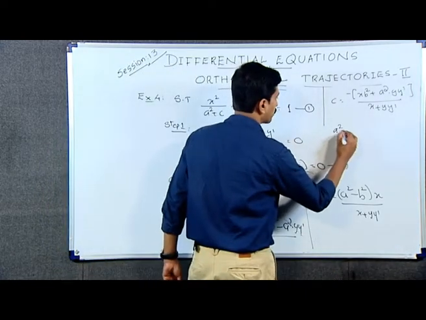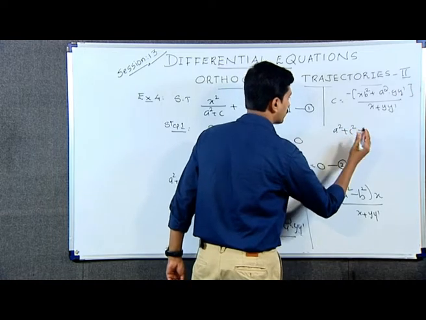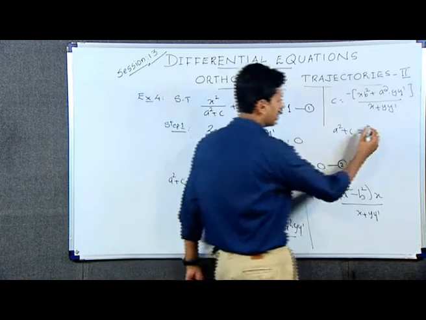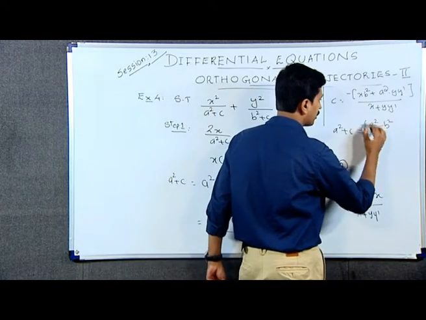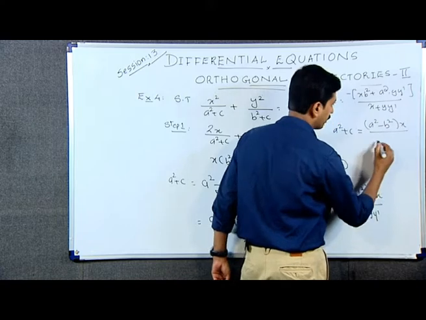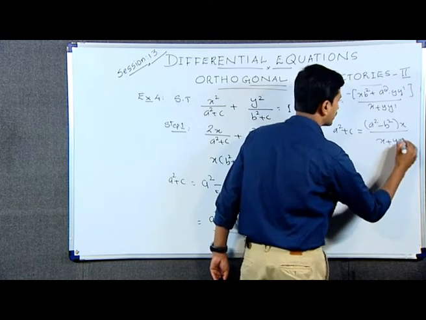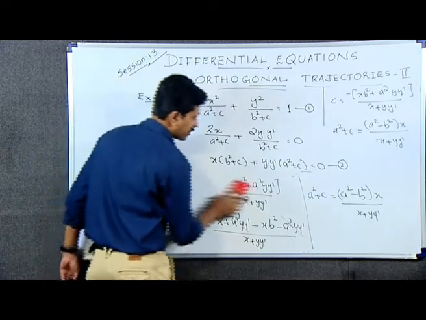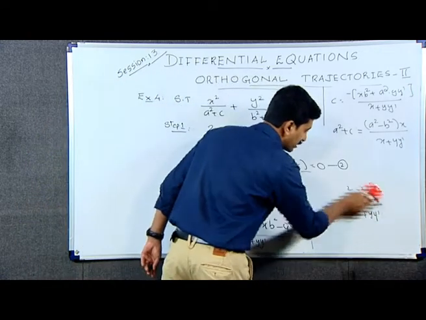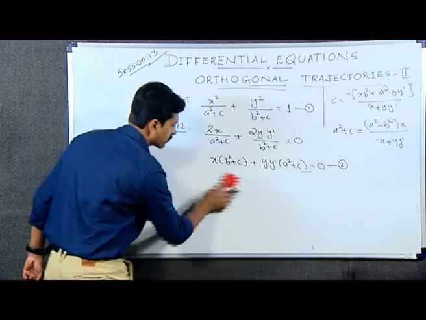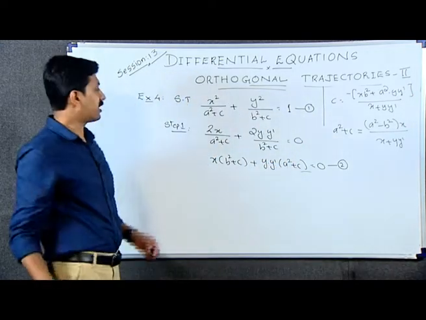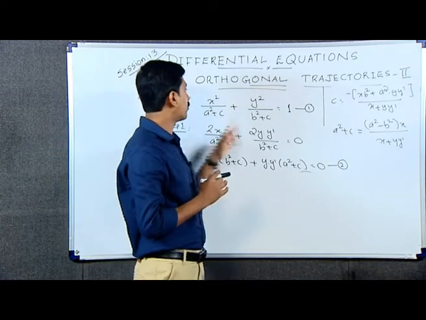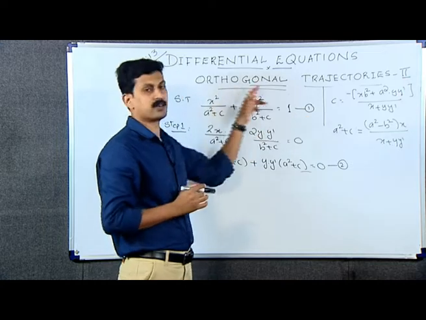A square plus c is a square minus b square into x divided by x plus y y dash, and we have to use that later. Now, as we found a square plus c, I would like to find b square plus c. Why am I finding a square plus c and b square plus c? I would like to find a new formula for this equation 1.